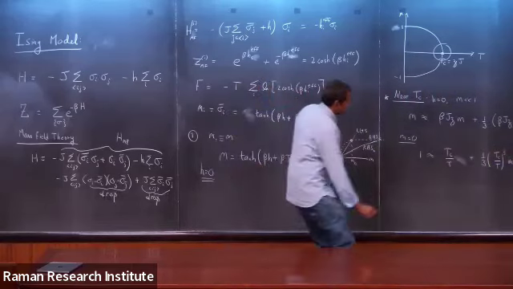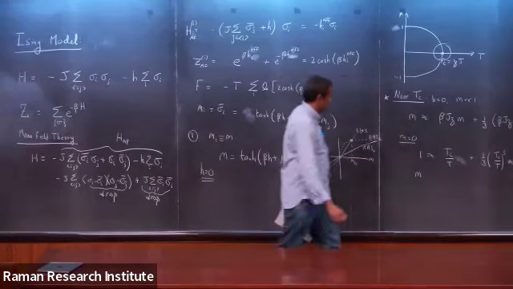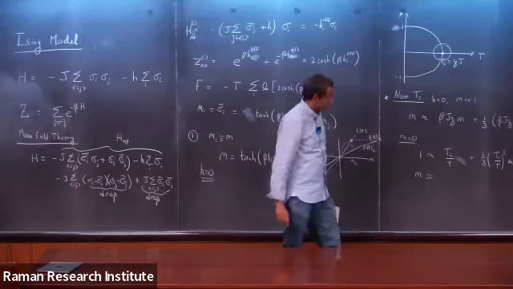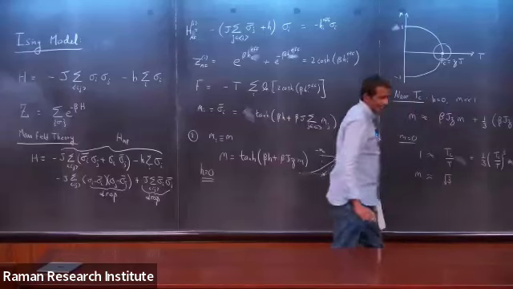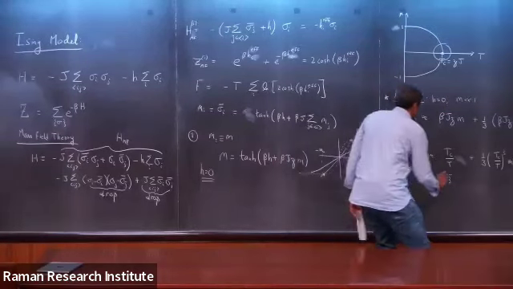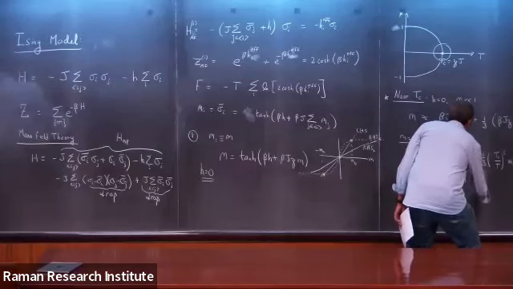So then you realize that I can solve for m now. This is just a quadratic equation. So this gives me that m is approximately square root 3 times plus or minus square root of 1 minus Tc by T.